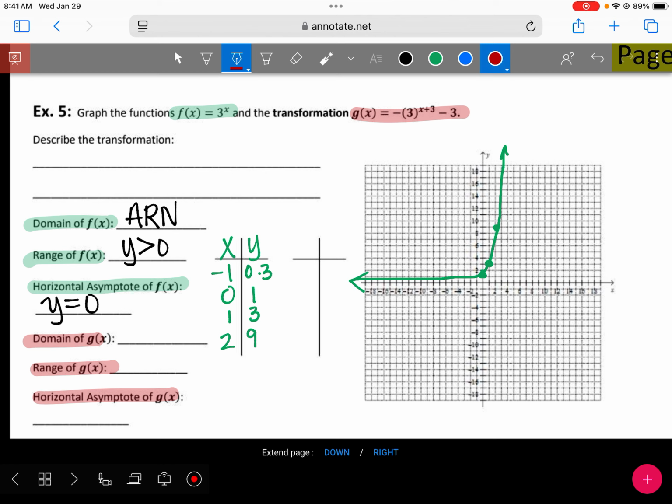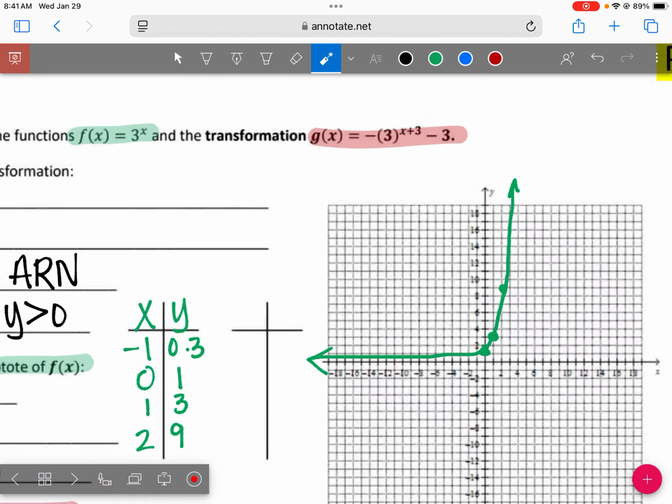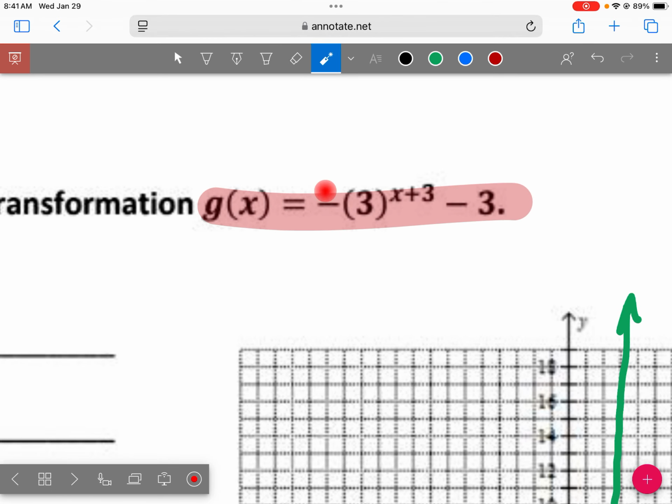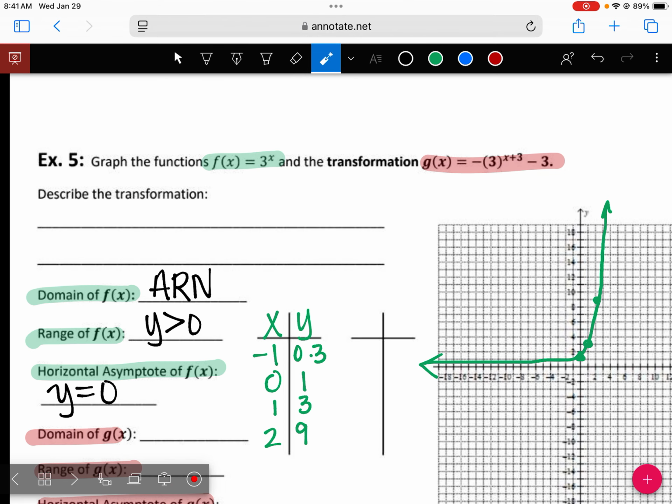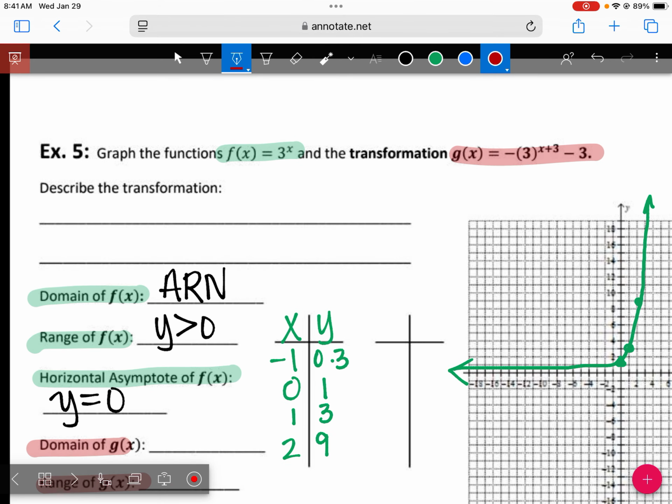So the A value, what is that number right in front of the base? Let me zoom in. Yeah, you see that little minus sign right there? That means A is -1. And who can tell me when A is -1, what does that do to our graph? Reflect it, flips it, good.